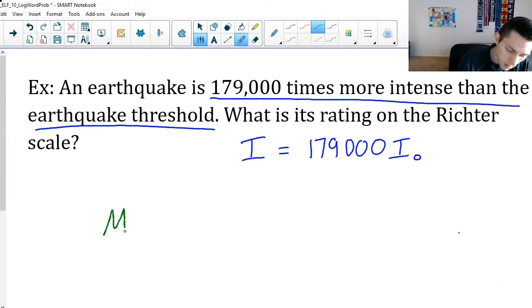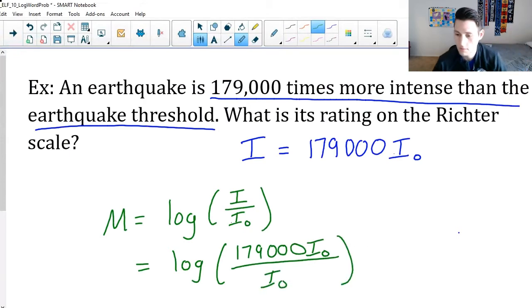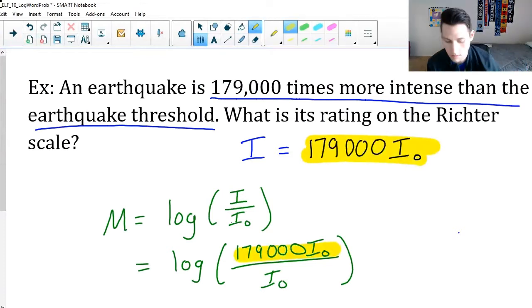So our equation of I over I0 then just becomes 179,000 times the threshold over the threshold. We made a direct substitution for that capital I in the numerator.